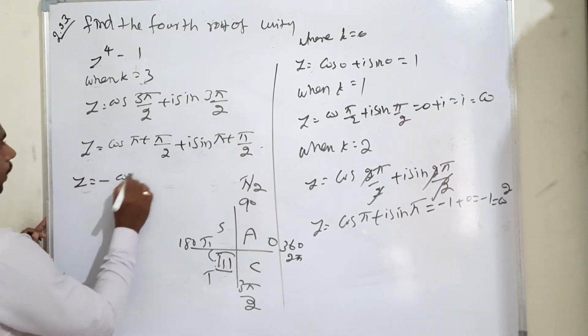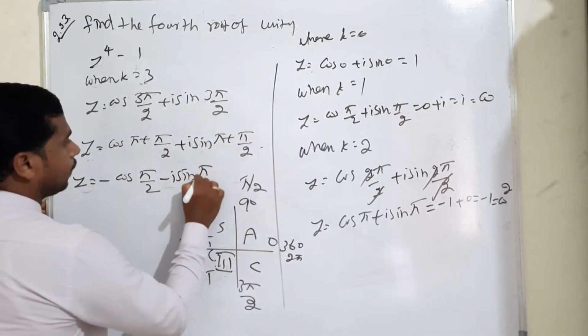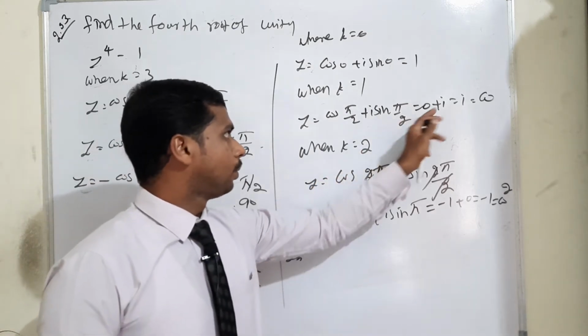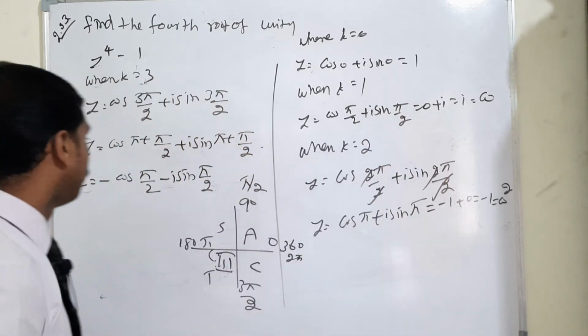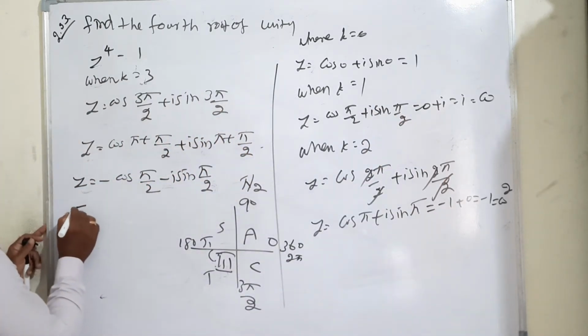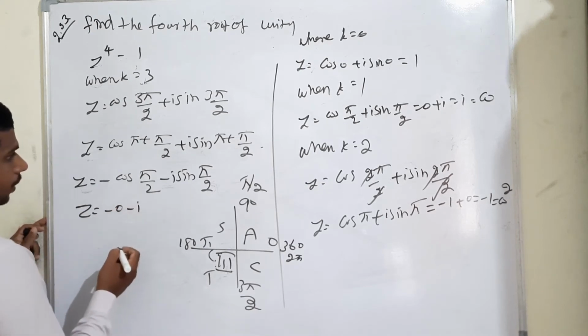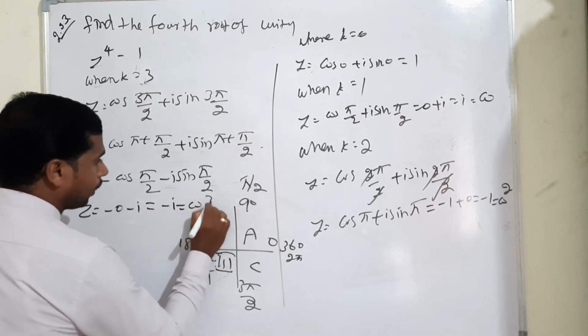Therefore z is equal to minus cos pi by 2 minus i sin pi by 2. The cos pi by 2 value we already know is 0, sin pi by 2 value will be 1, and there is the minus. Therefore z is equal to minus 0 minus i, so the answer will be only minus i. This is considered for omega cube.